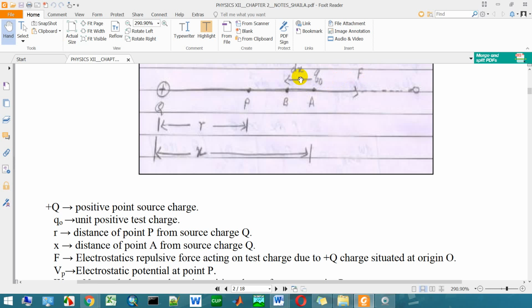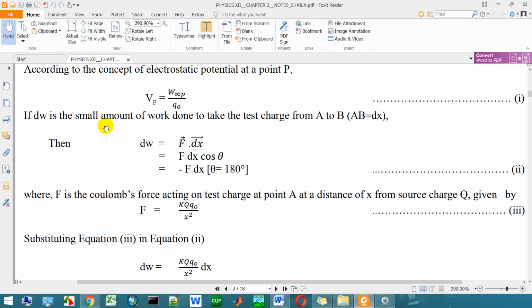Work done is a scalar quantity, which is why it is a dot product, which we learned in 11th class. The direction of force is along this direction, and the direction of dx is opposite to the direction of force, because we are doing work to take the charge from A to B. So the angle between force and dx is 180 degrees. When we use F dot dx, the dot product formula is F dx cos theta.